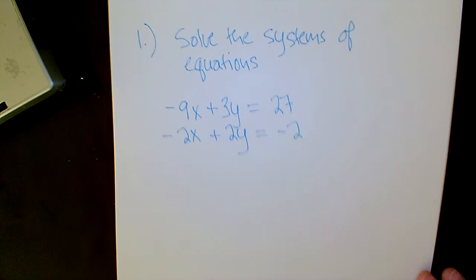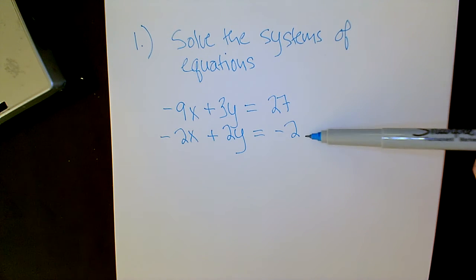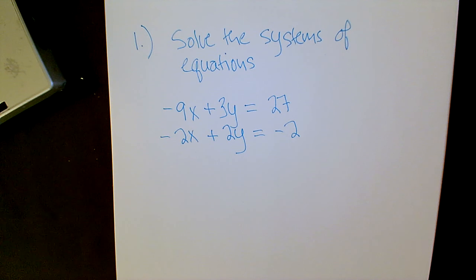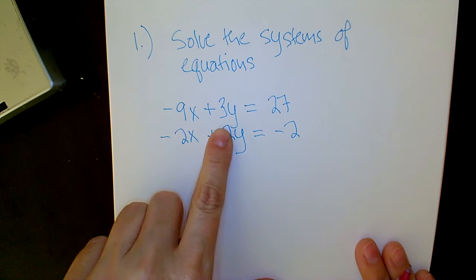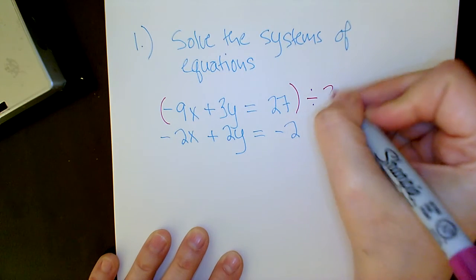Okay, so the first thing I like to do is I like to look at both of these and see, do they have anything in common that I could divide out and make them easier to work with. So what I'm seeing here is, I see that this top one, 3 goes into all of them.